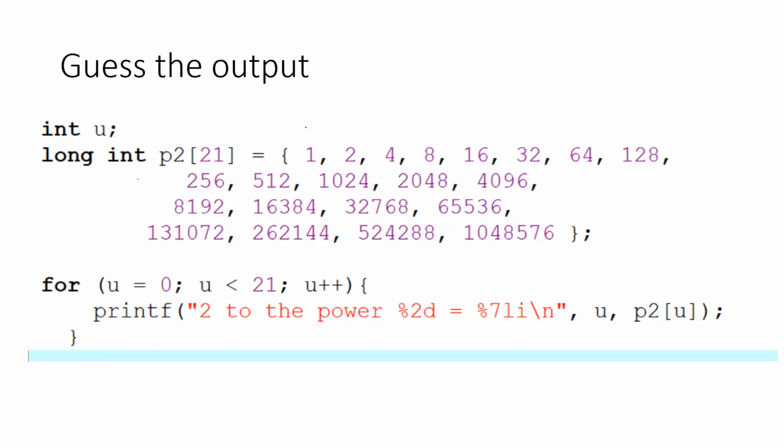Kalau tengok kat sini, 2 kuasa 0, 2 kuasa 1, 2 kuasa 2, 2 kuasa 3, 2 kuasa 4. Okay, dalam kes ni 2 to the power of, let's say, I. P2, so kalau kita buat kat sini, P2 of 21 element sama dengan something.